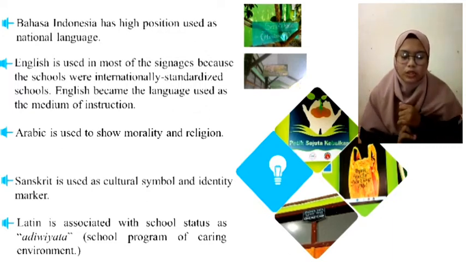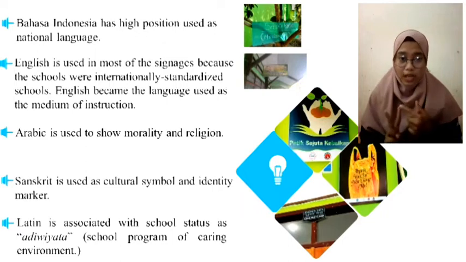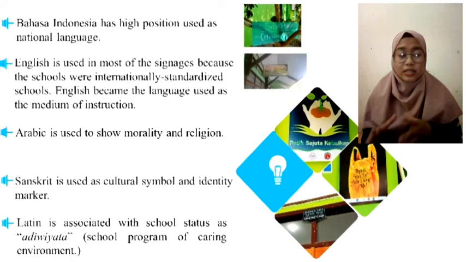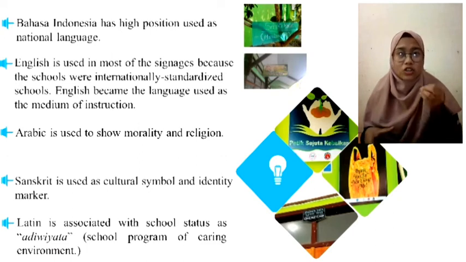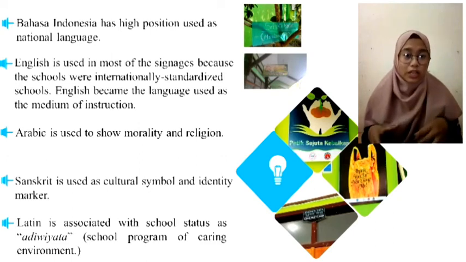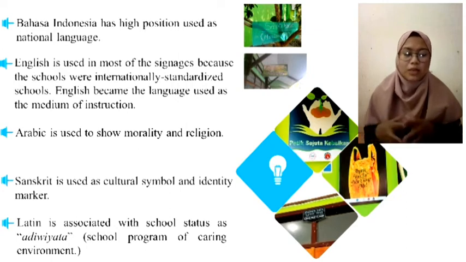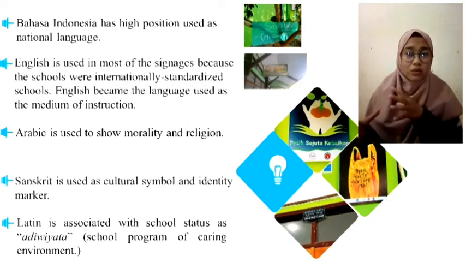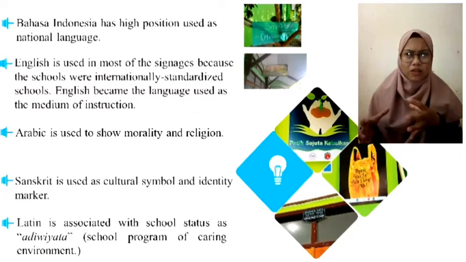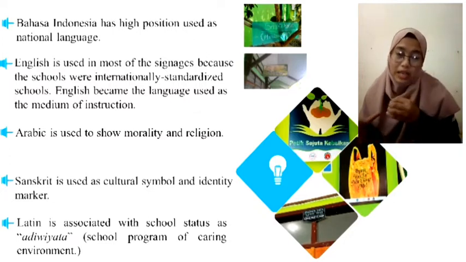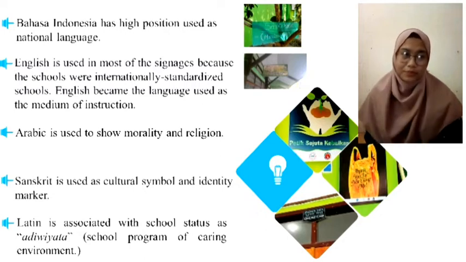For example, two high schools in the suburban area, S1 and S3, still used English as the second dominant language after Bahasa Indonesia, because those schools have an international background or history.